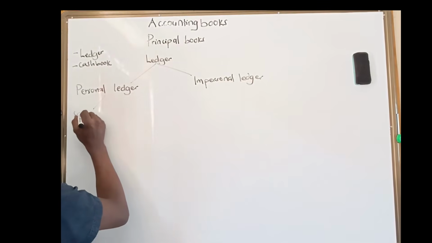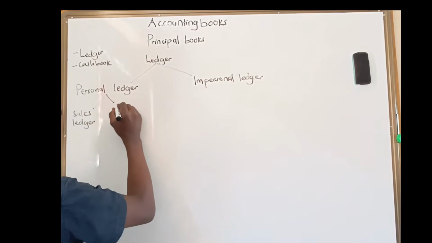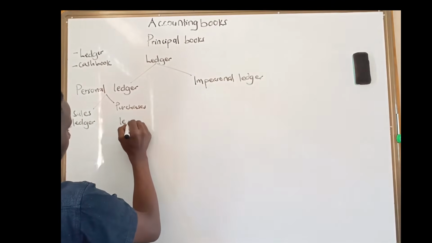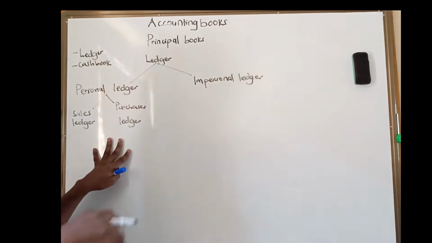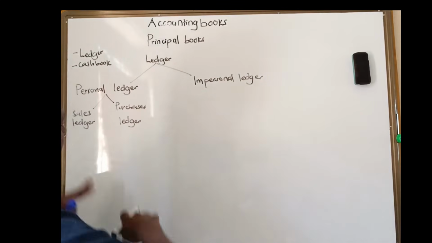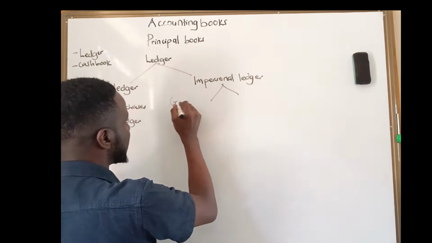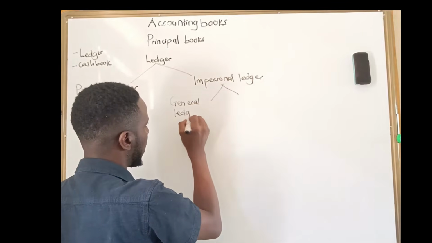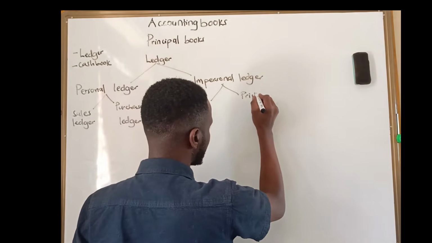Here we have the sales ledger, and also we have the purchases ledger. So these are the 2 ledgers that fall under the personal ledger. Then here we have the impersonal ledger, we have the general ledger, we also have the private ledger.